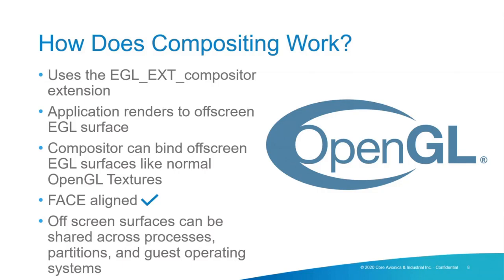This surface can, like Vulkan, be shared across processes, partitions, and guest operating systems. So you get again the key benefit where an application that's rendering a component in a different partition or a different guest operating system can share the content that it's rendering with a compositor that exists in another partition or another guest operating system.